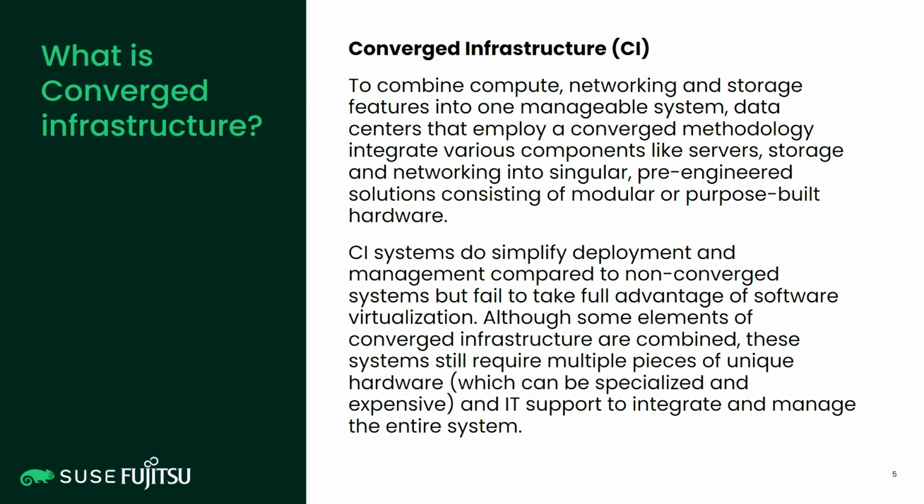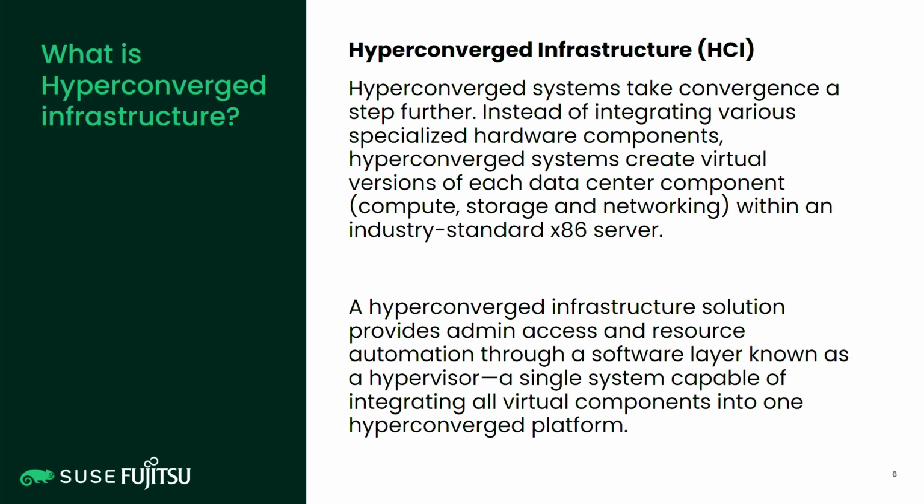You have physical servers in the converged infrastructure, but you also have a virtualization layer that allows you to subdivide that. And that's where the term hyperconverged infrastructure came from. The idea was to take this very useful technology of virtualization and run it on physically converged systems in a way that gives us an even greater level of convergence.